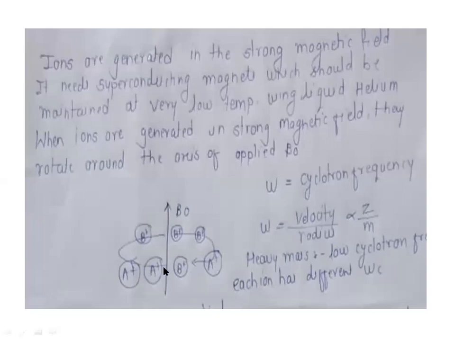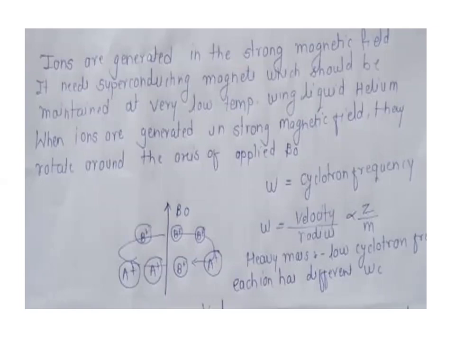Unlike in other cases of ionization, here we use a strong magnetic field, and under its influence we generate ions. As you can see here, we are using a very strong magnetic field. Superconducting magnets are used, and naturally, they should be maintained at very low temperature using liquid helium.